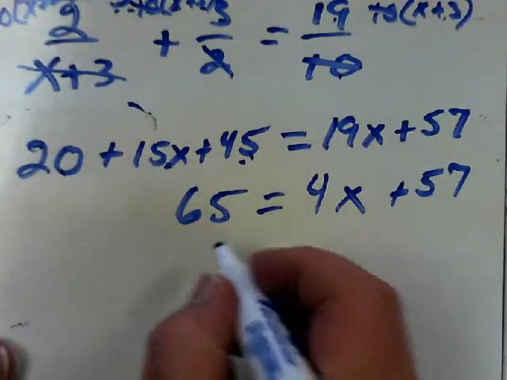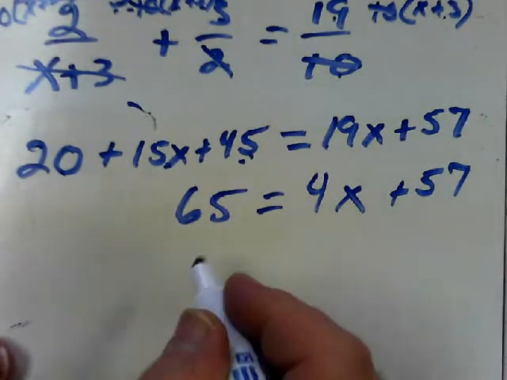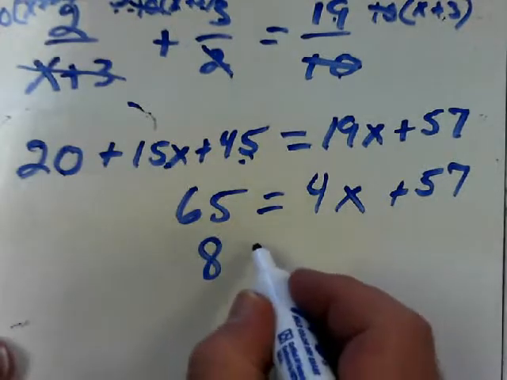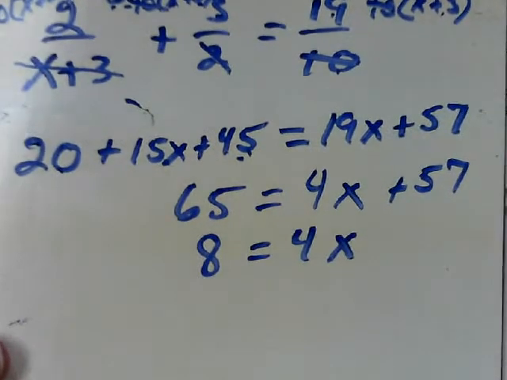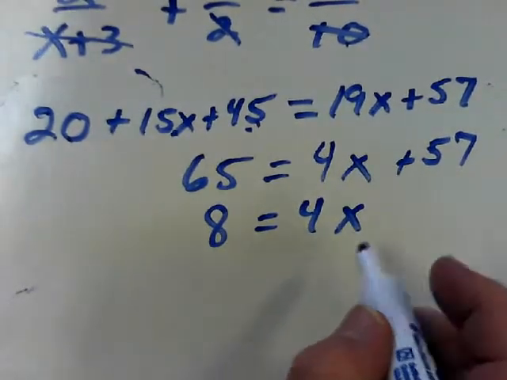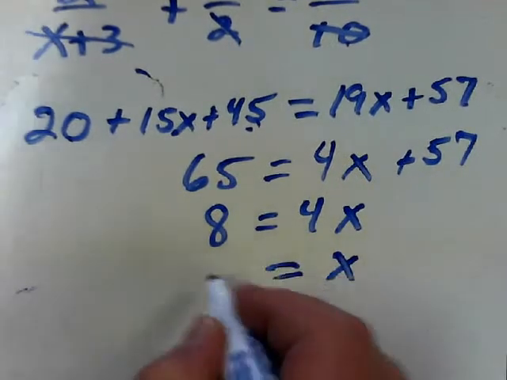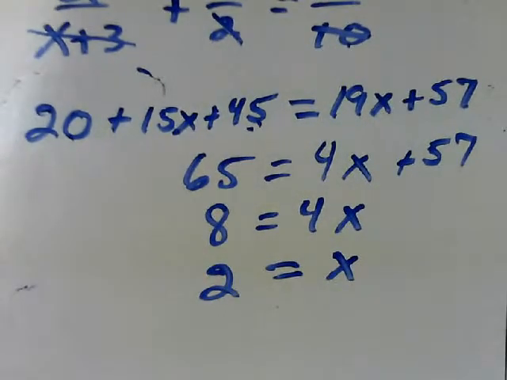We're just subtracting. Okay, so subtract 57 from both sides. I'd have 8 equals 4x. So x would equal 2. Okay?